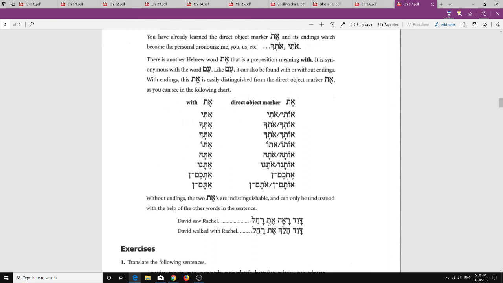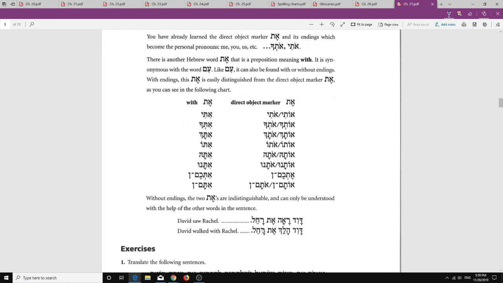David ra'a et Rachel. David saw Rachel. So maybe we could err and say David saw with Rachel, and then think, well, that doesn't make any sense. This is probably just the direct object marker. And so then settle on David saw Rachel. Second example, David halak et Rachel.